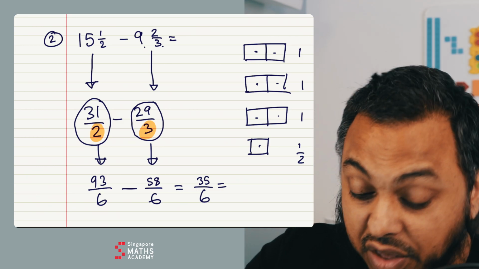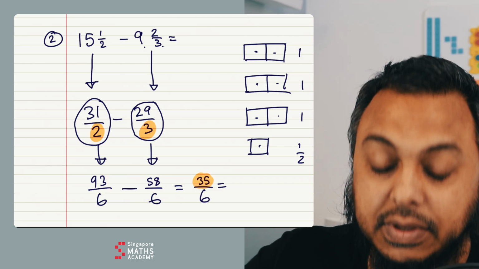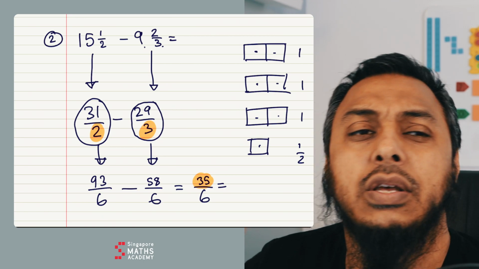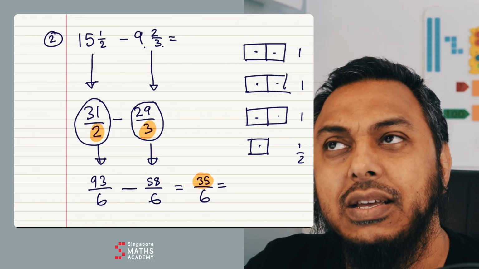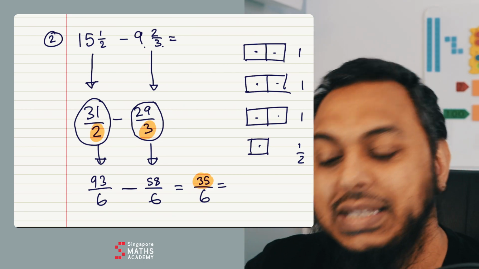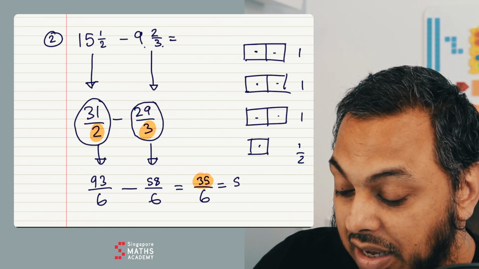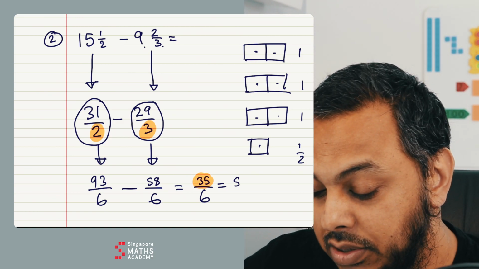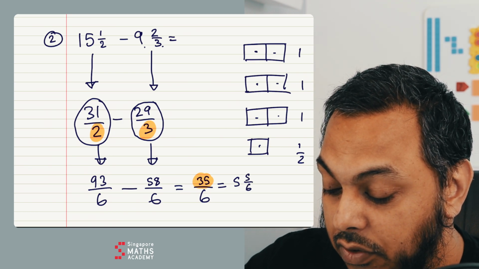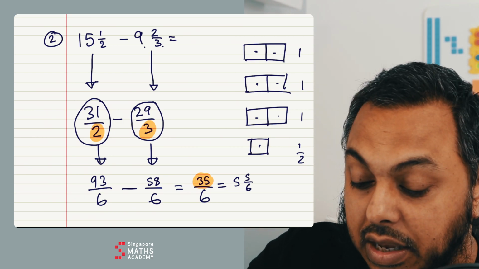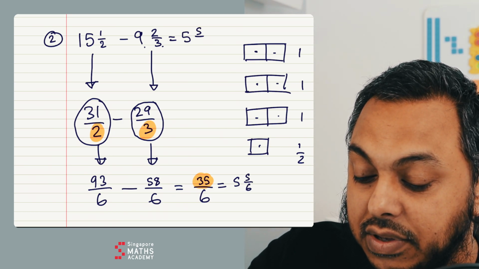I've got 35 sixths. 6, 12, 18, 24, 30. Okay, I can have 5 wholes here because 30 is 5 wholes, and I'll have 5 sixths remaining. So my answer here is 5 and 5 sixths.